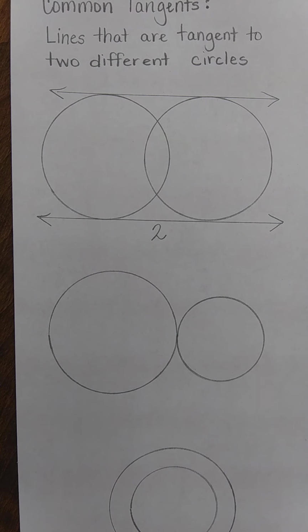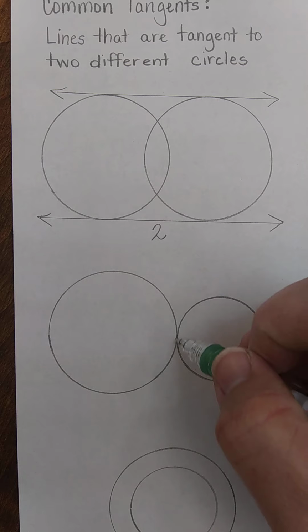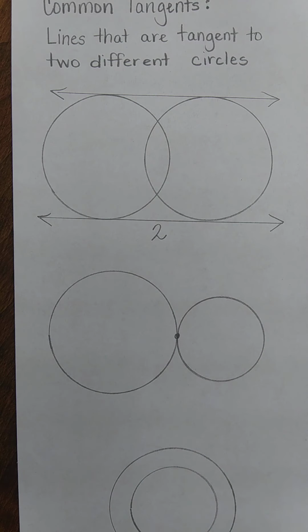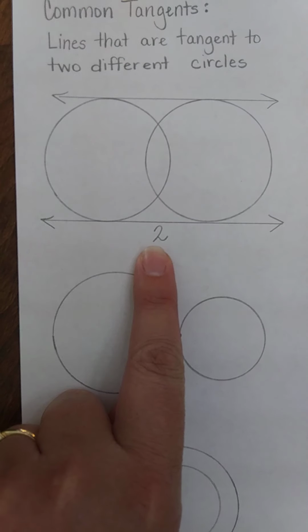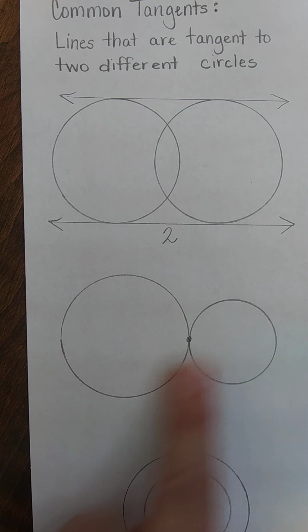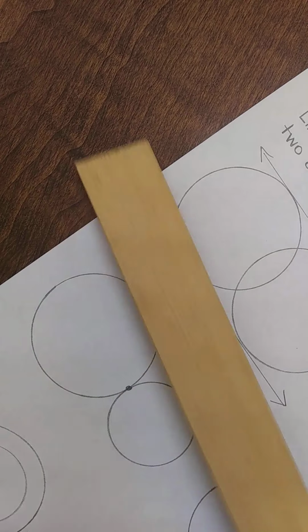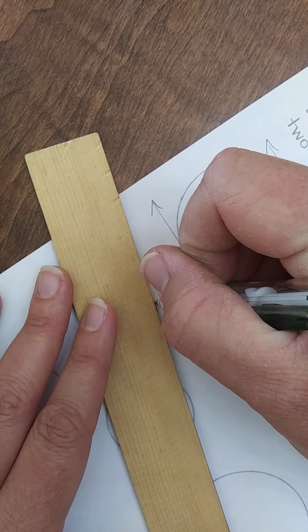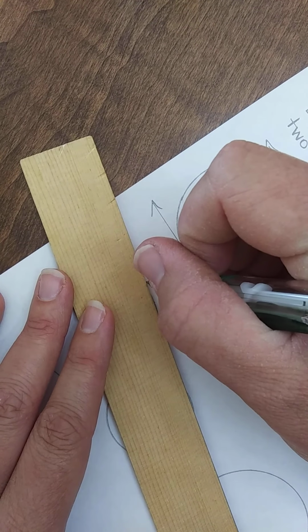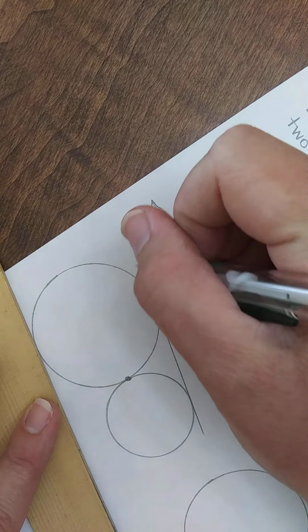If my circles are side by side and touching in one point, then I have the 2 that I had up here because I can go across the tops and bottoms of the 2 side by side circles. Let me do that one. There I have one.